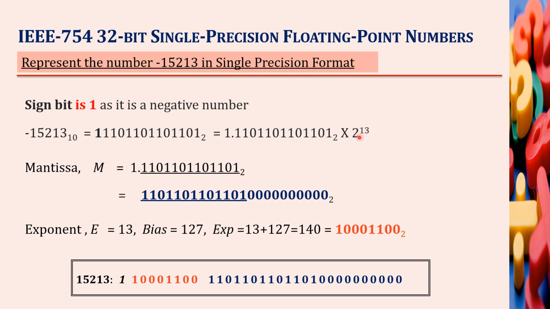Then the exponent part: the actual exponent is 13, so we add 127 to 13. We get 140 and find its corresponding binary number, which is 10001100. Now the 32-bit representation of the given number is 1, then the exponent part, followed by the 23-bit mantissa part.